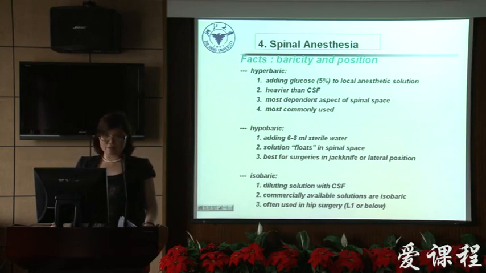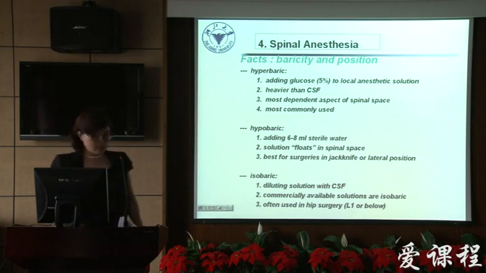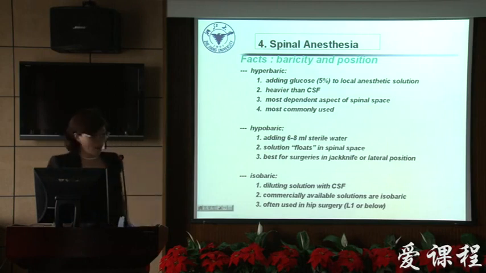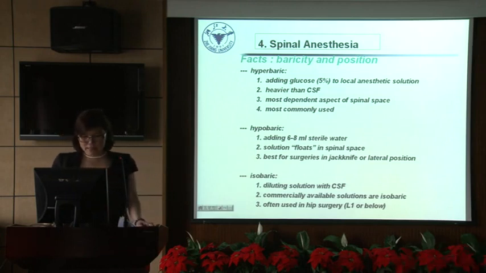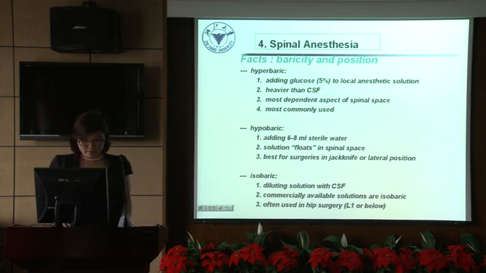This kind of spinal anesthesia is best for surgeries in jackknife or lateral position. And the last one is isobaric, diluting the solution with cerebrospinal fluid. The commercially available solutions are isobaric, and often used in hip surgery, usually number 1 or below number 1.